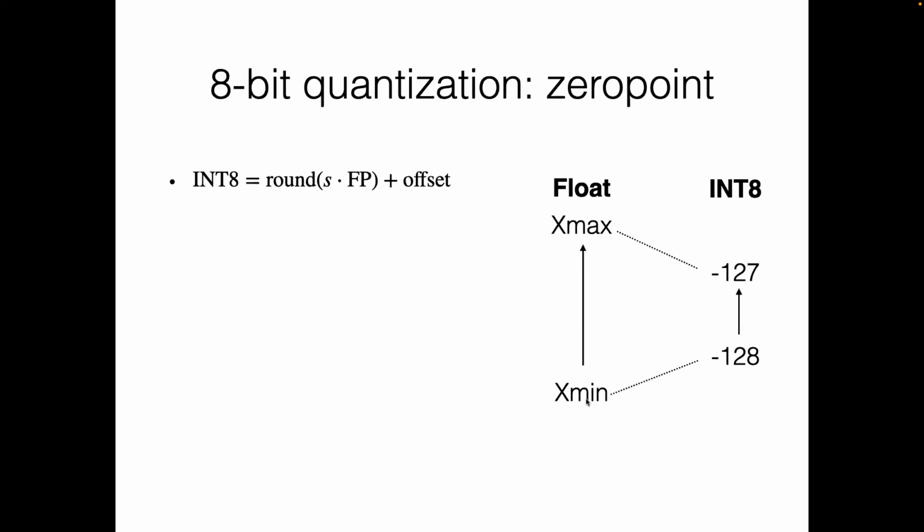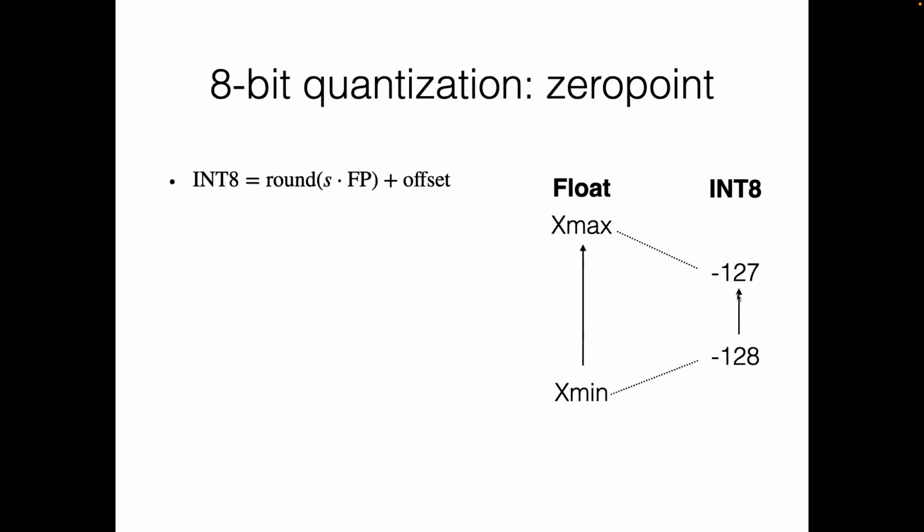Here we have the minimum and maximum for some float values. And we want to basically map, this shouldn't be minus, it should be plus. We want to map the maximum value to the maximum int 8 value, and we want to map the minimum value to the minimum int 8 value.